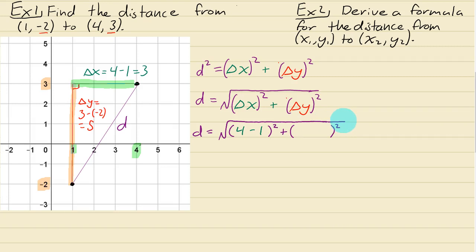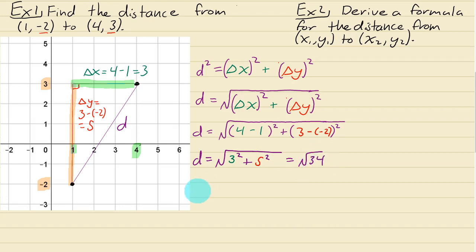The delta y I can also just write as 3 minus negative 2. And anyways, then you can do it. You end up getting the distance is equal to the square root of 3 squared plus 5 squared, and that's going to end up being the square root of 9 plus 25 is 34.